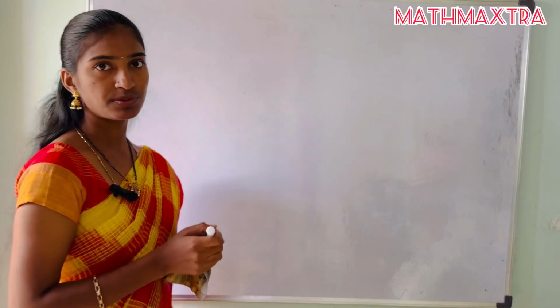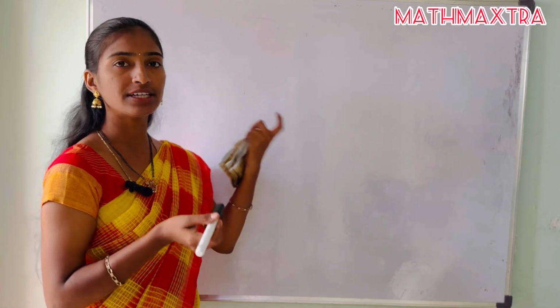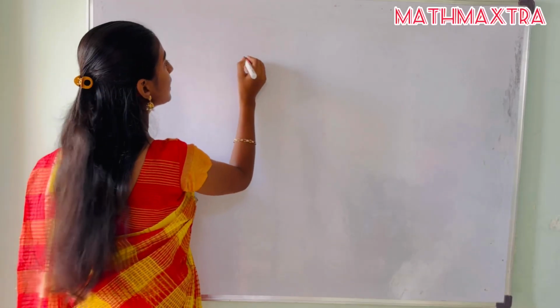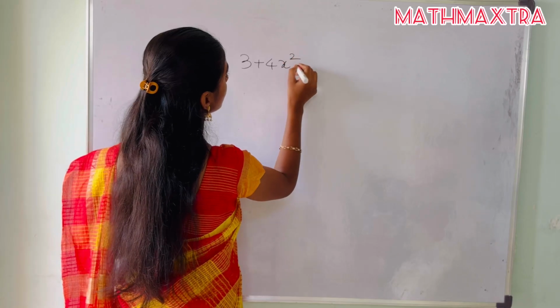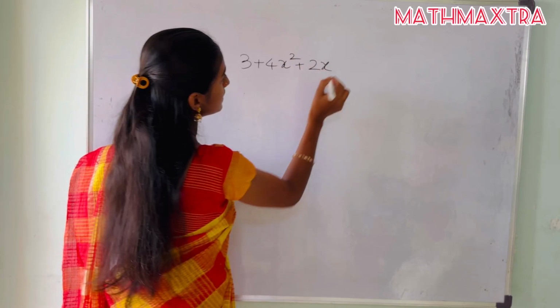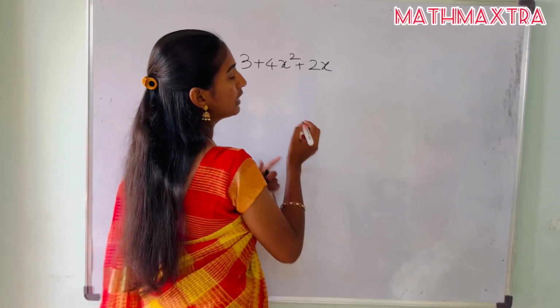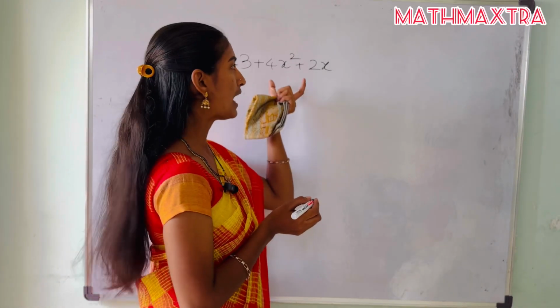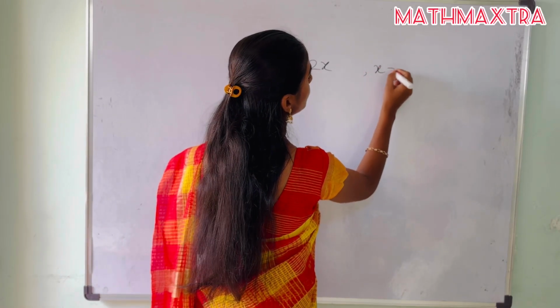Then how do we calculate the value of an algebraic expression at a given point? I am considering 3 plus 4x square plus 2x. This is our algebraic expression. Now he will ask the value of this expression at x is equal to 1.